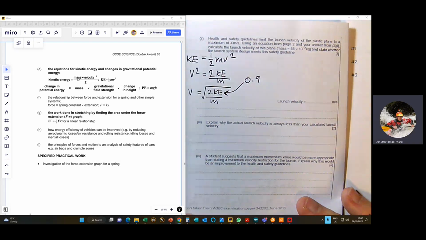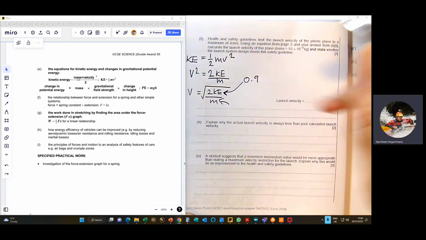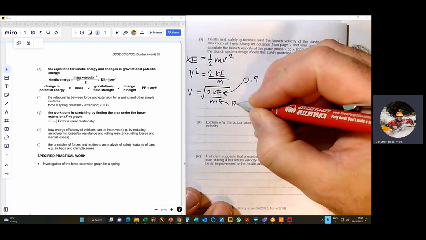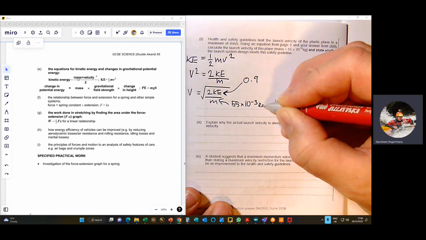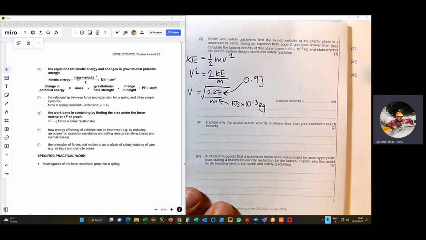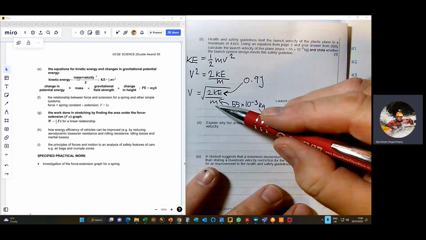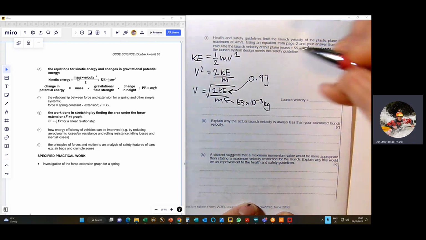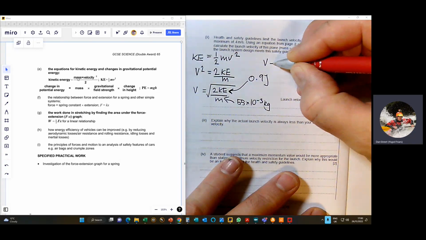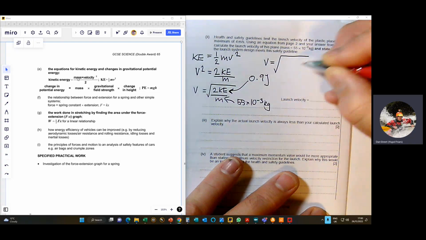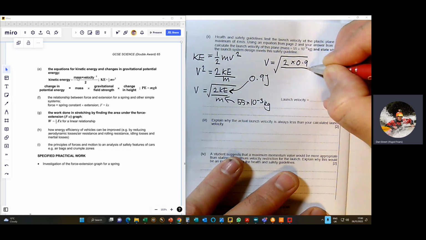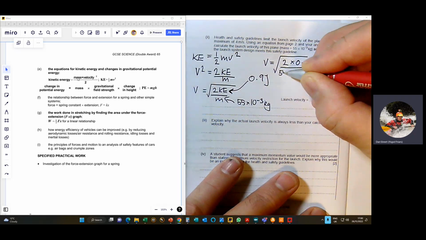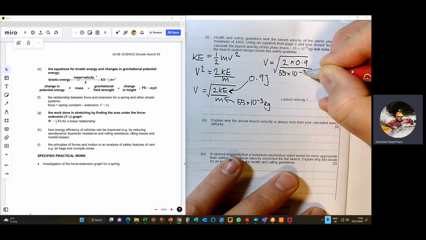And then our mass is given to us in the question, which is 55 times 10 to the minus 3 kilograms. That's joules, that's kilograms. So if we put those values into our equation, V is the square root of 2 times 0.9 divided by 55 times 10 to the minus 3.